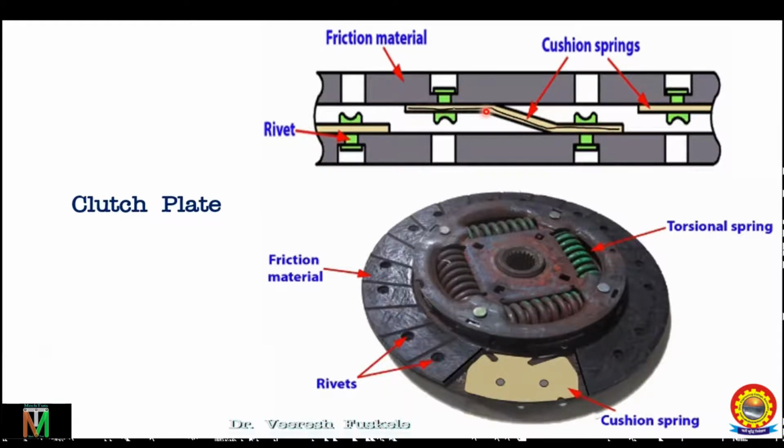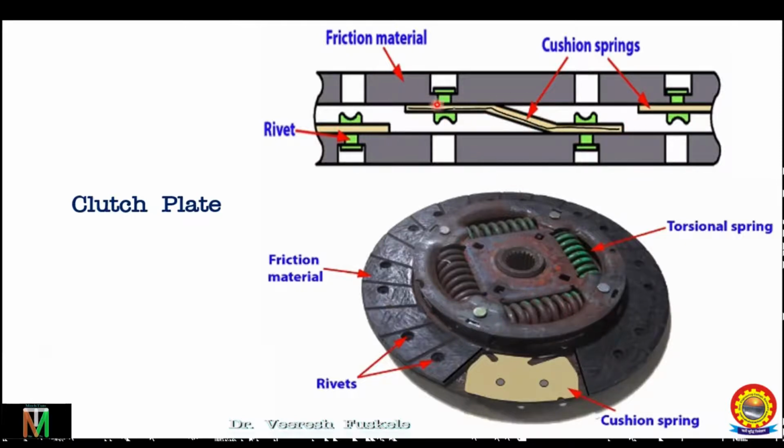It is a thin plate, but it is pressed like this to cushion any sudden load that comes along the axial direction when the clutch plate is pressed between the flywheel and the pressure plate. There is also going to be a force along the axial direction. If it is done suddenly, there can be shocks and vibrations along the axis. To reduce and absorb these forces, we have these cushion springs.